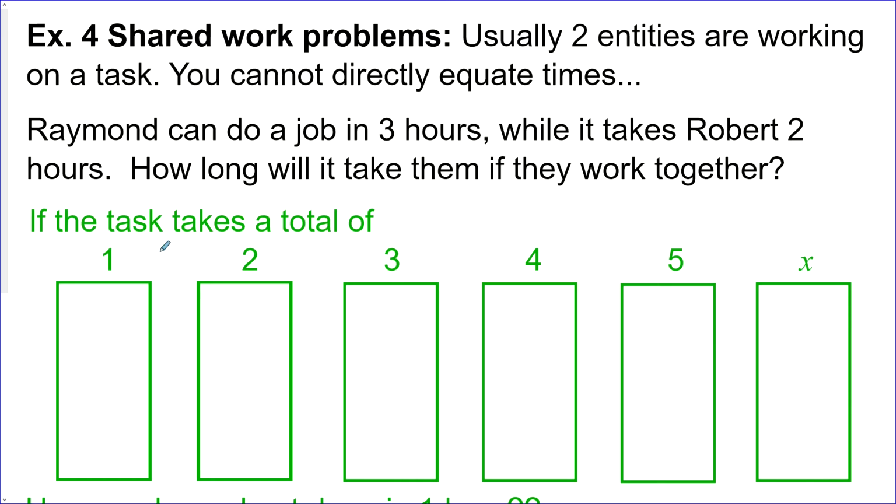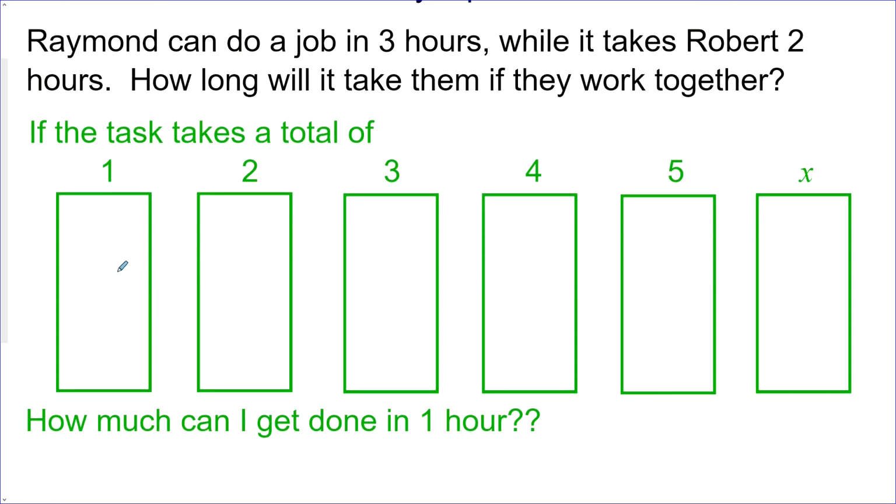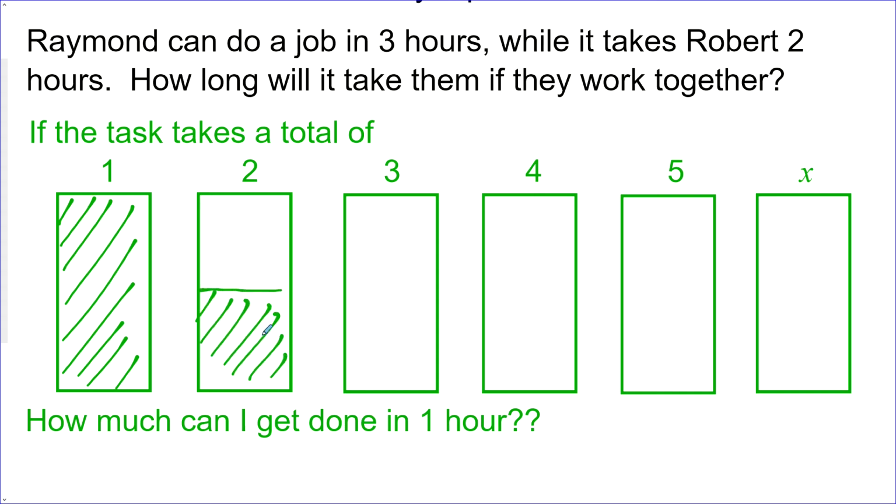If the task takes a total of 1 hour, then how much do you get done in 1 hour? Well, you get done the whole thing. Okay? If a task takes 2 hours, how much do you get done in 1 hour? Well, you get half of it done. So this is 1, this is a half.